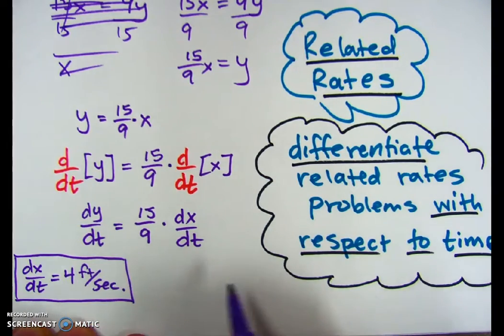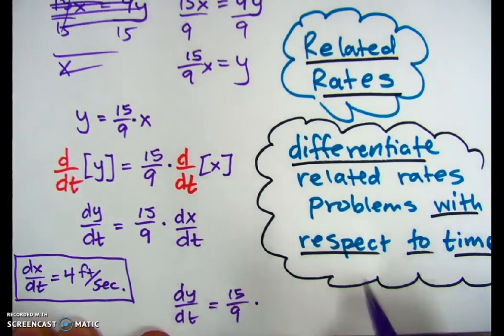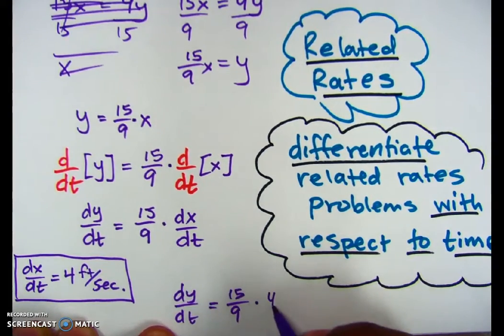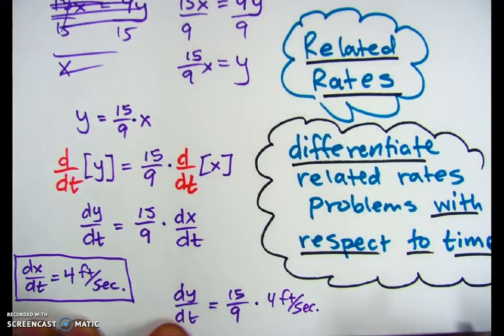So we have dy dt is equal to 15 over 9 times 4 feet per second. 15 over 9 is 5 over 3.